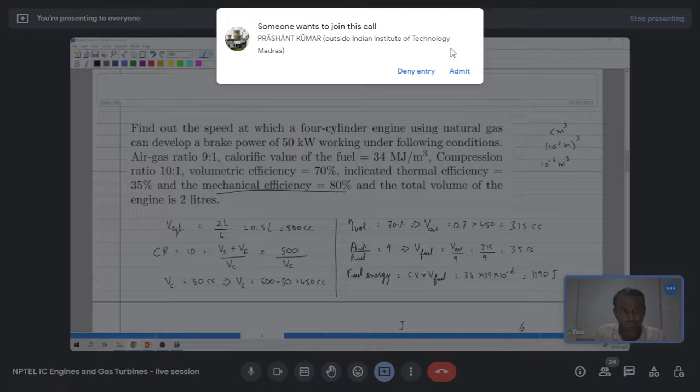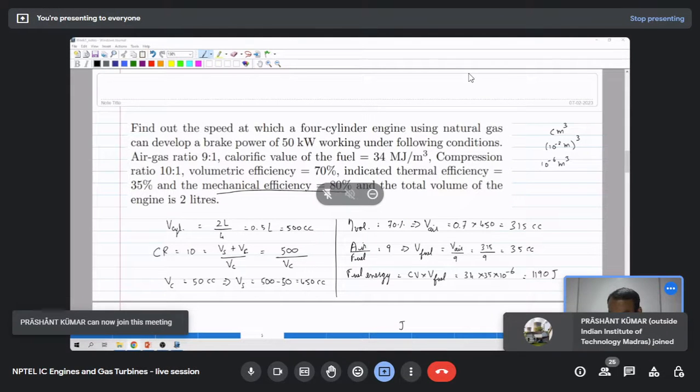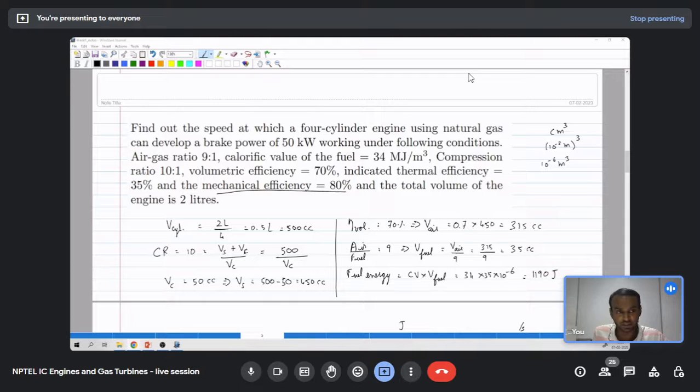Since it is a 2-liter 4-cylinder engine, we have the individual cylinder volume as 2 liters by 4, which is 0.5 liters or 500 cc, and compression ratio is given as 10. So that is 500 by compression ratio, and we know the clearance volume is 50.